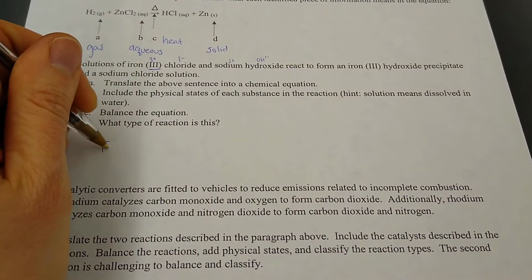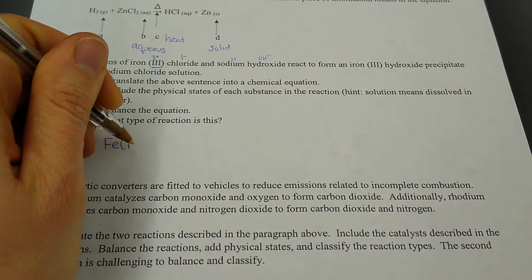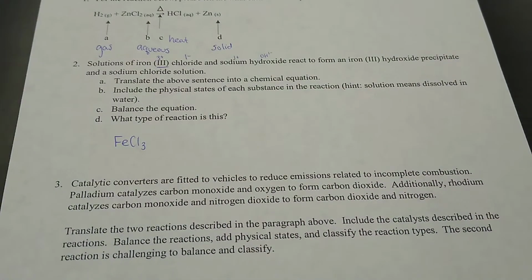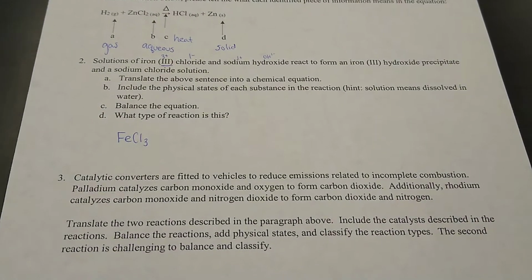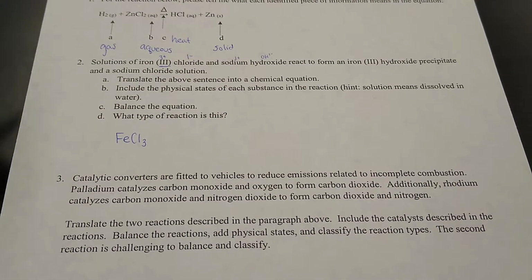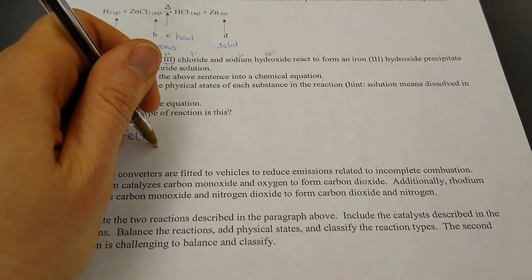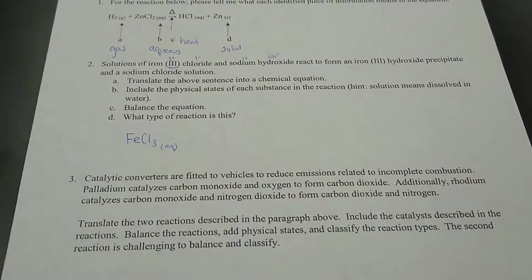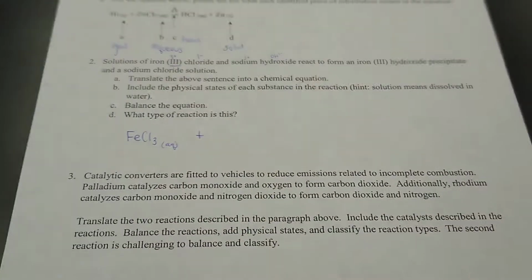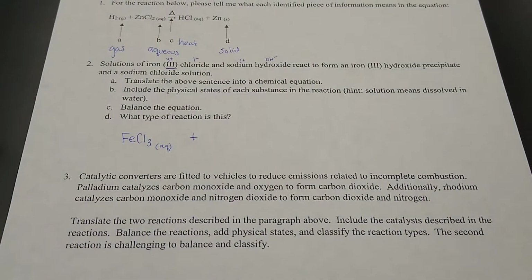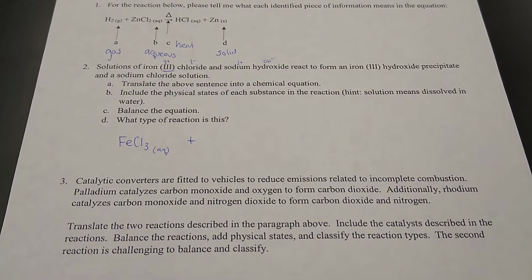So iron 3 chloride is going to be FeCl3 because the 3 comes down from the charge in the iron and makes the ratio for the chloride, and the 1 comes down from the chloride, but we don't write ones, okay? It's a solution, so we're going to put aq. Okay, the word and translates to a plus sign. Sodium hydroxide, again, solutions of iron 3 chloride and sodium hydroxide.